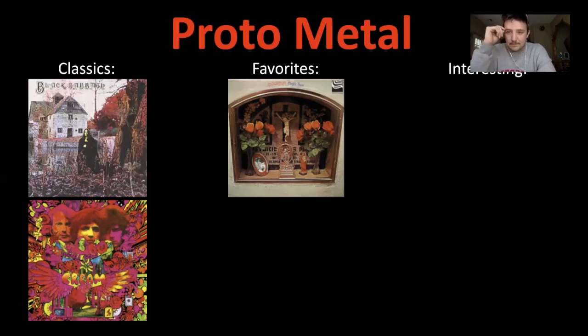It's kind of like a really heavy prog. They're from Germany. I'm calling it proto metal because it's pretty insane. It would probably be pretty freaking nuts live, especially for the time. It came out in 1972, so we're talking this early period.